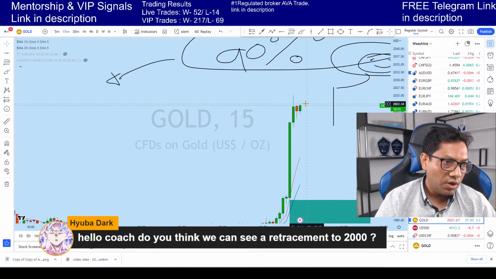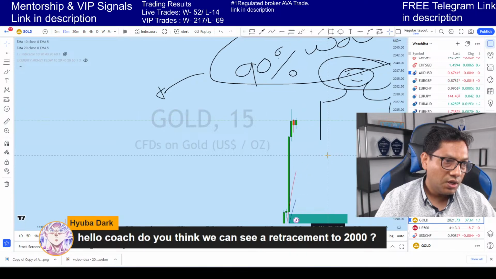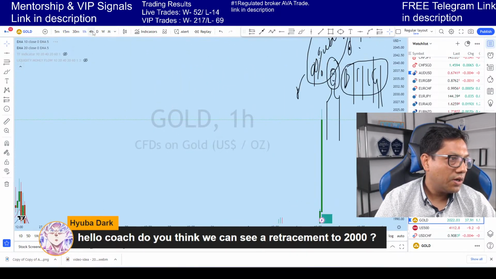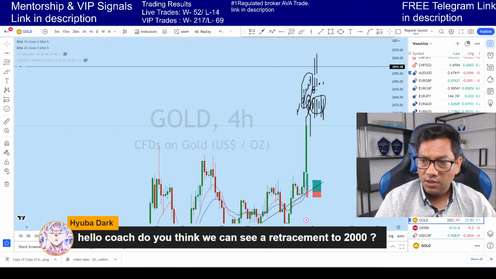Okay, it depends on really how this is making this structure. It could come down or may not come down, because of very strong bullish momentum. Okay, we might not see it coming down.